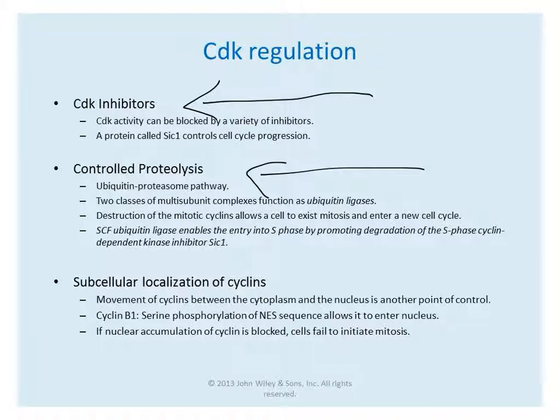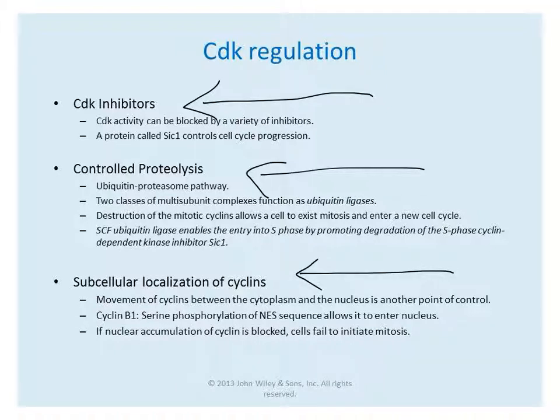This degradation ultimately can lead to inactivation of the complex itself, and this degradation is promoted by ubiquitination and destruction by proteasomes. There are different types of ubiquitin ligases such as SCF, or what we also call APC, which you're going to see a little bit later, which help mark those protein cyclins for degradation.